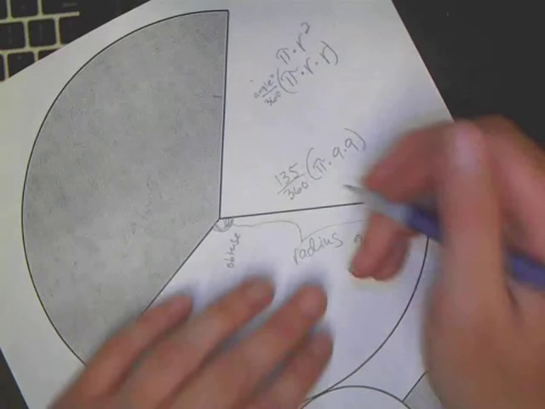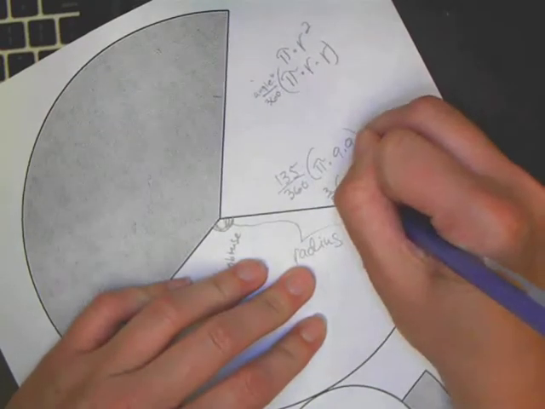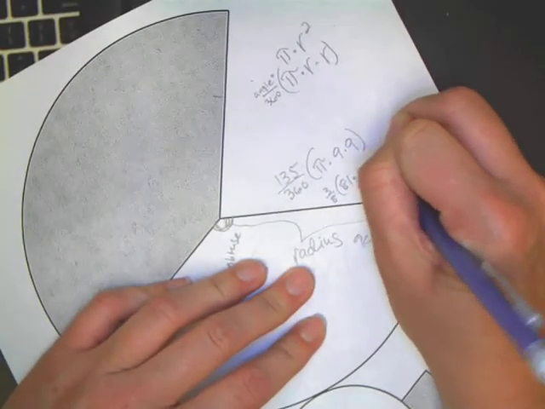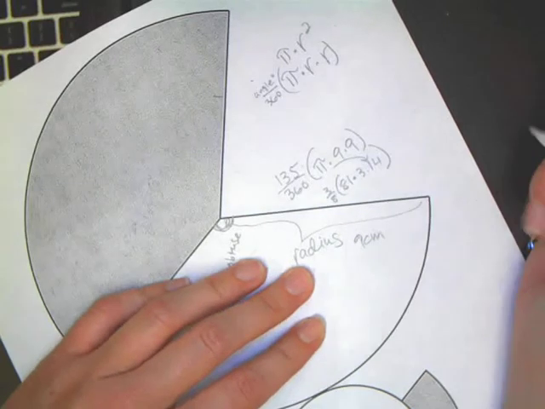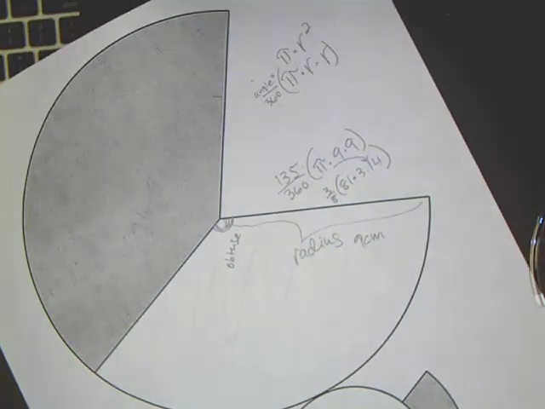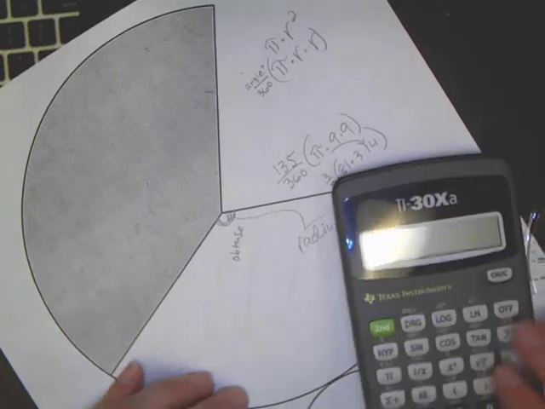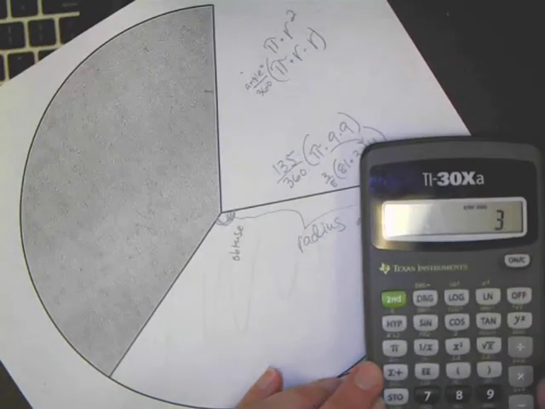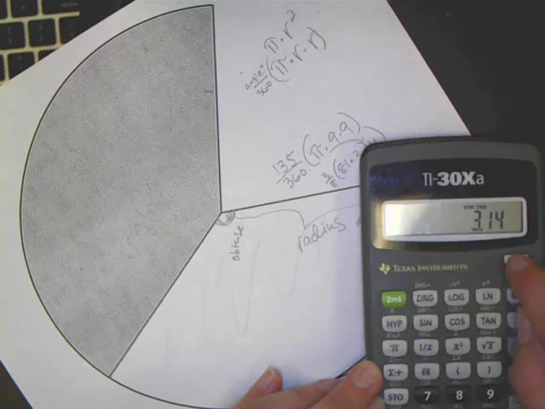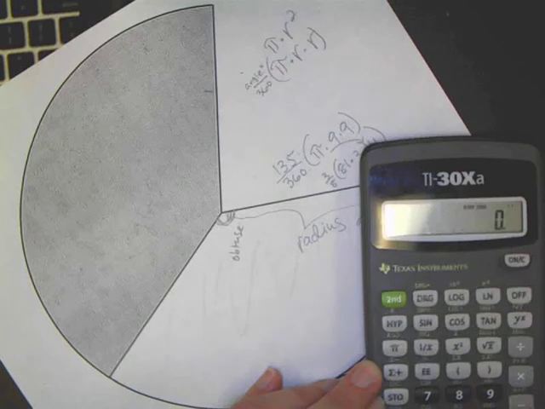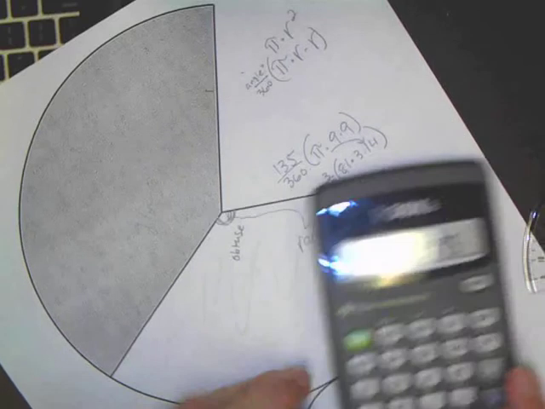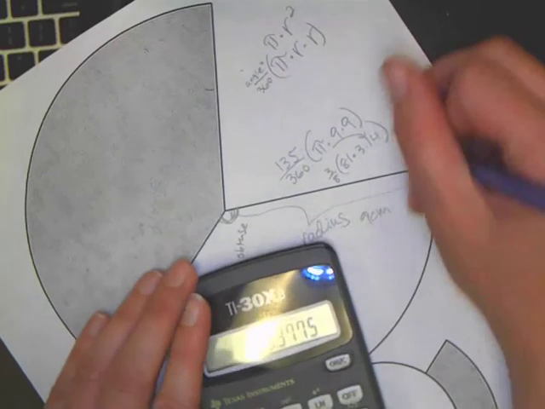If I multiply that all the way out, 135 over 360 is the same as 3/8 times 81 times 3.14, letting 3.14 be about equal to pi. And then you can use your calculator, which I'll just do really quick. 3/8 times 81 times 3.14 equals 95.3775.